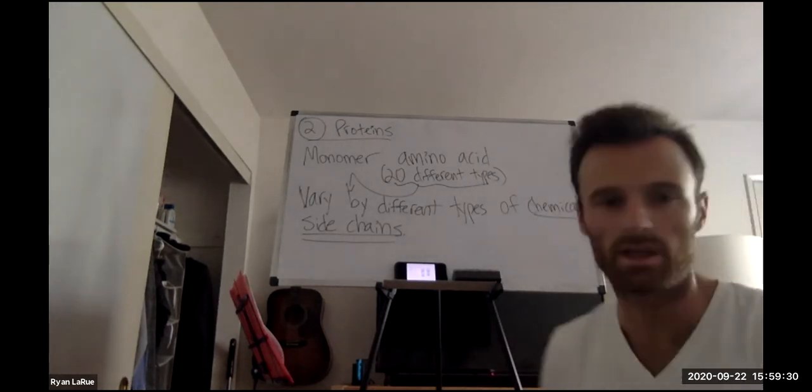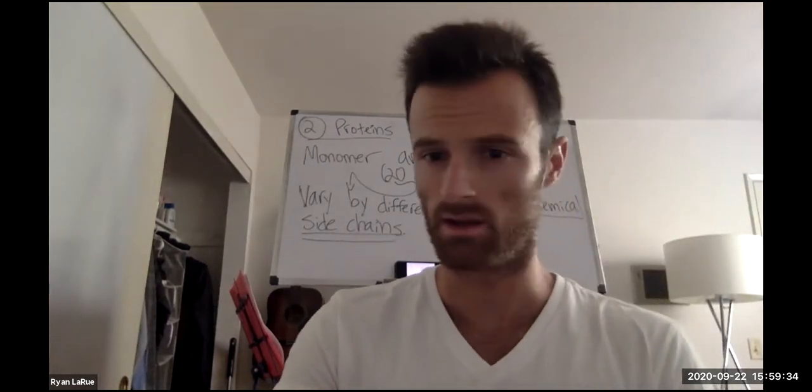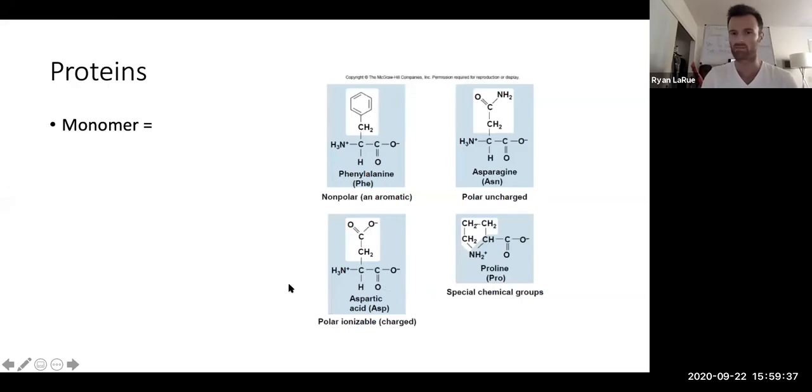Well, first, let's look at a typical amino acid on the slide here. Here are 4 amino acids. We have phenylalanine, asparagine, aspartic acid, and proline.